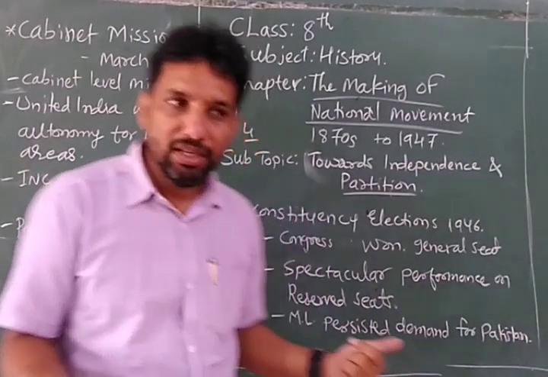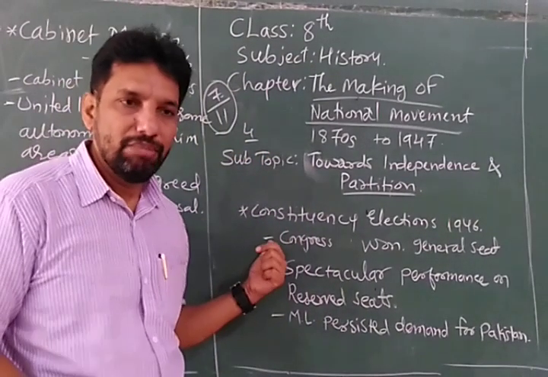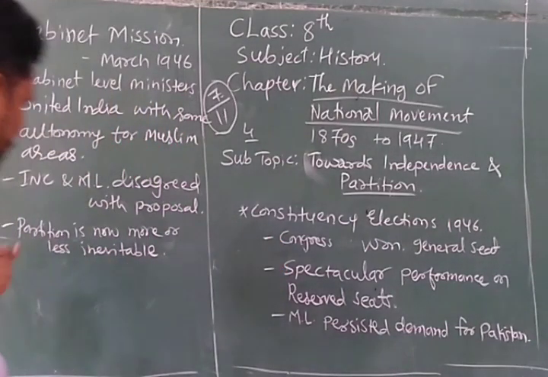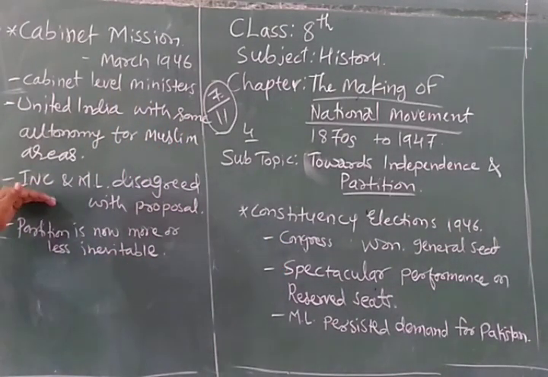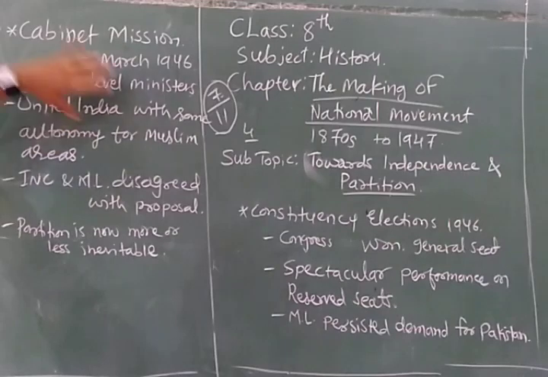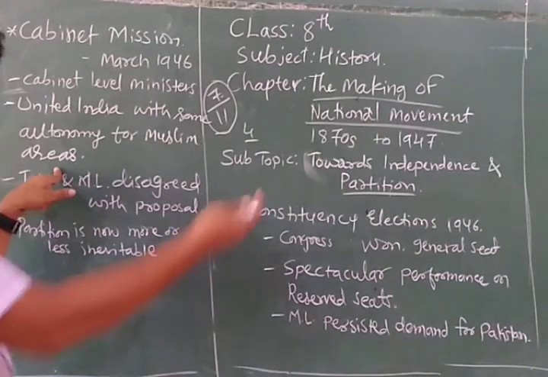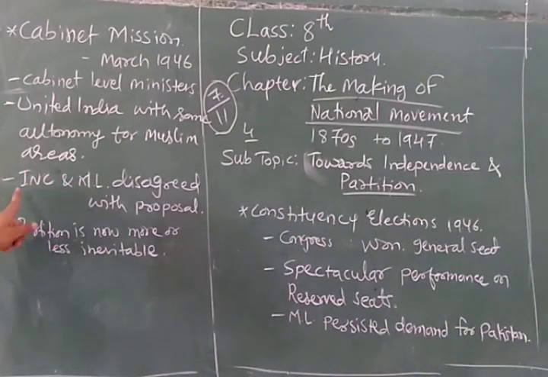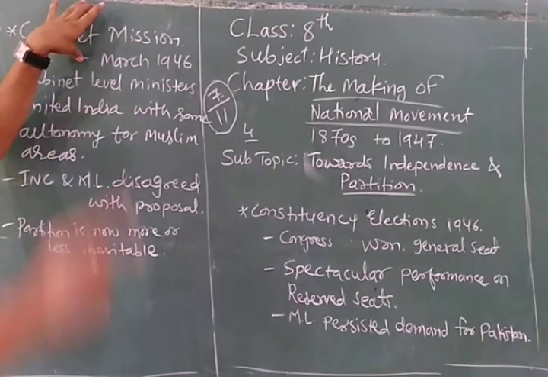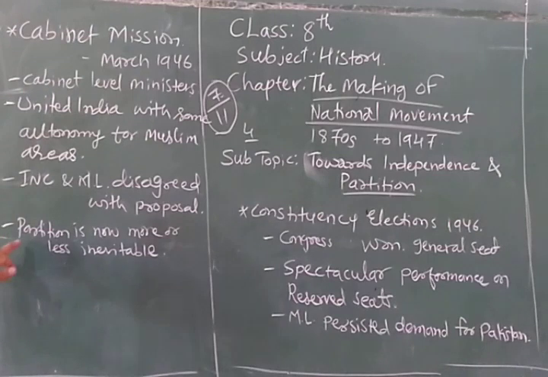Obviously this was not acceptable to the Muslim League, and it was also not acceptable to the INC. So, a united India with some autonomy for Muslim areas where Muslims are a majority, that is in the northwest and eastern side of the country. Then the Indian National Congress and the Muslim League disagreed with the proposal. It means the Cabinet Mission failed. Then partition is now more or less inevitable.